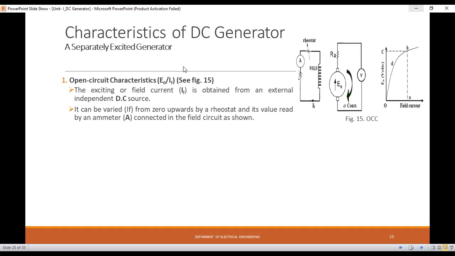And the third one is the external characteristics. The external characteristics are nothing but the output side characteristics. This characteristic gives the relation between terminal voltage V and load current IL, that is VL versus IL characteristics.